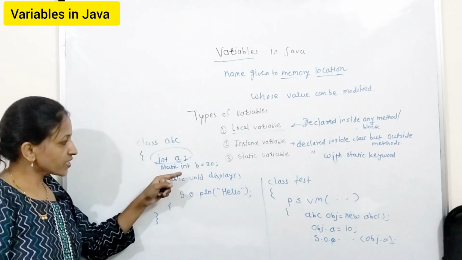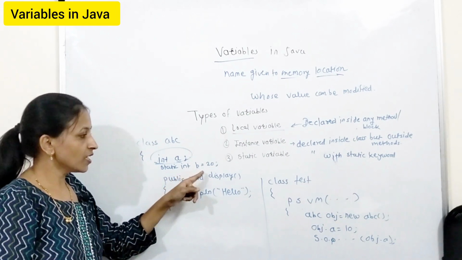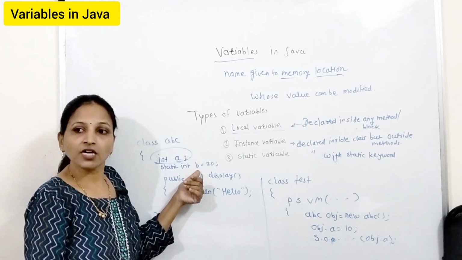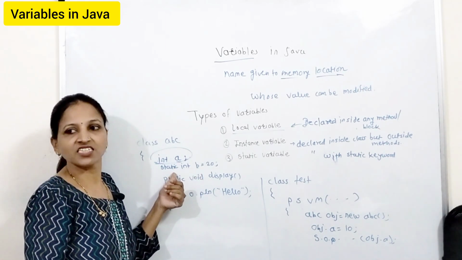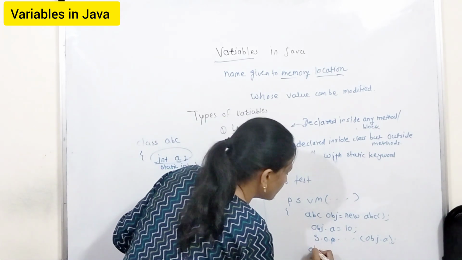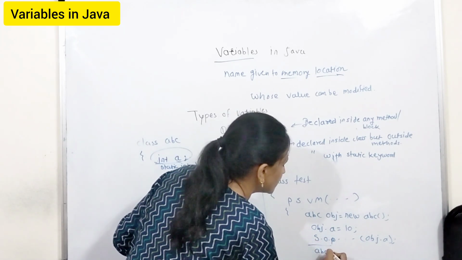Now next I want to access this b. This b is not related with any instance, any object. It is a static variable or class variable, because we have declared this variable using the static keyword. Now this can be accessed using the class name, which is ABC here, so ABC dot.